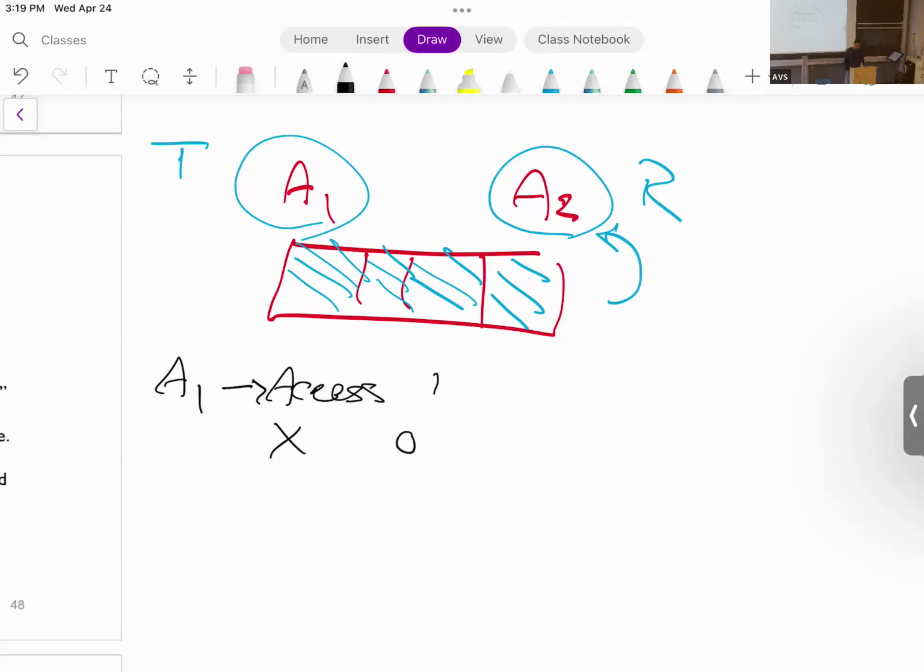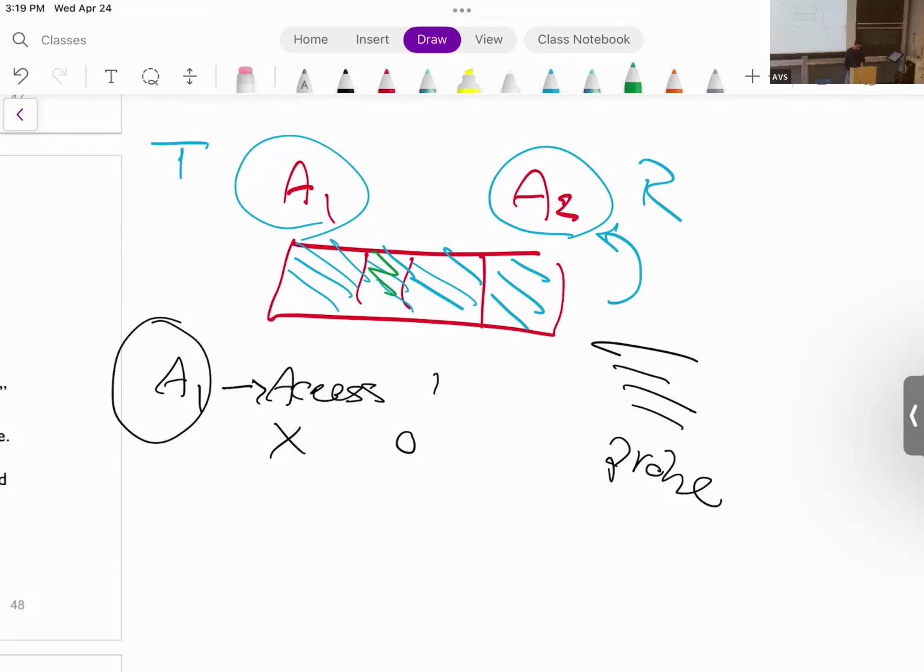So A2 is going to prime the cache, wait for some time for A1 to transmit, and then probe, okay? During the probe, we're going to see two things, right? Either we see the same data, all 4 hits, or we see that there are 3 hits and 1 miss, which means that there was a 1.